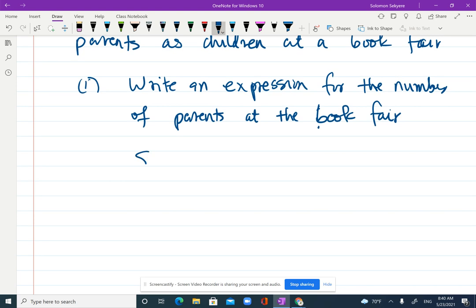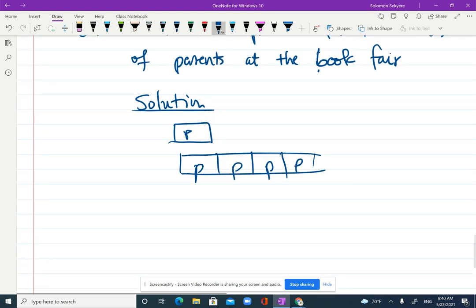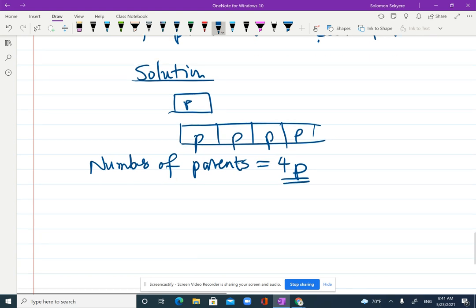The solution: if children is P, parents were 4 times P. So the number of parents is equal to 4 times the number of children. This is an expression.